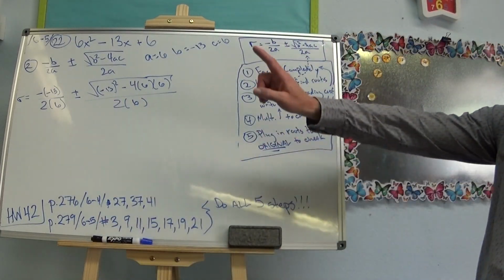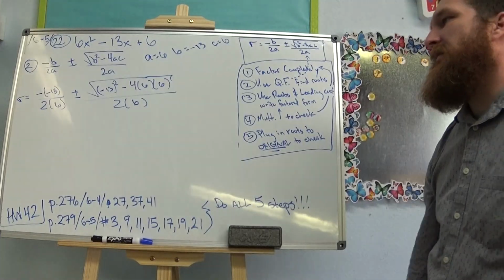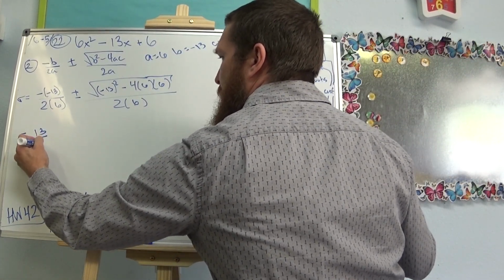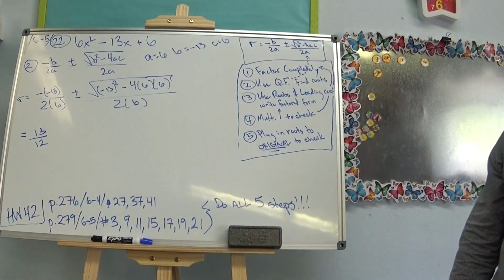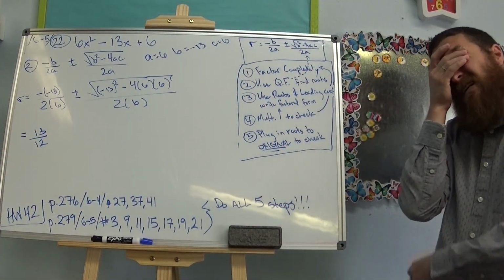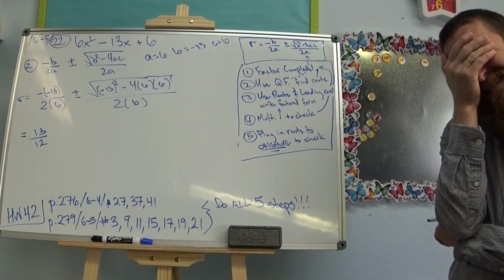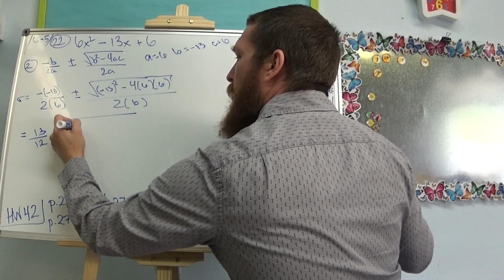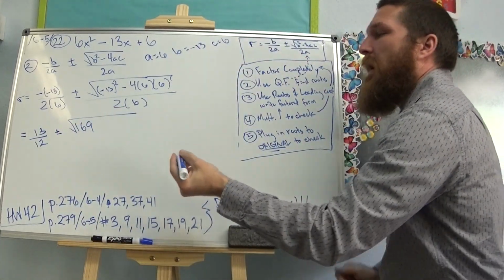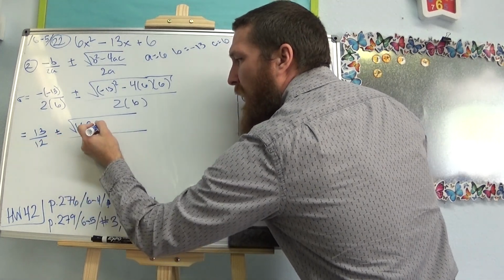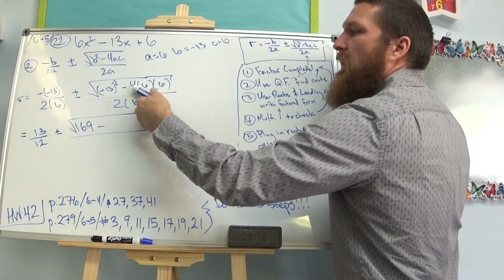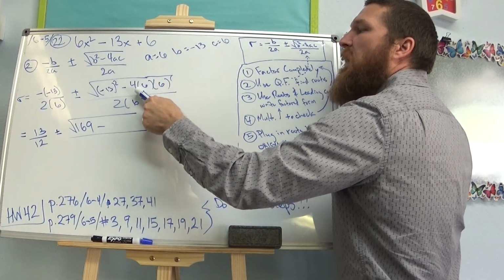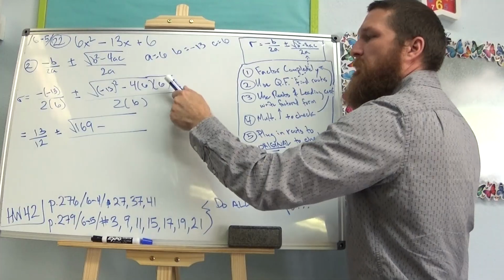Over here in negative, negative, that's nice. That works out to positive 13 twelfths, because 2 times 6 is 12. Now let's take a look at, okay, so 13 squared should be 169. Good. Now, I'm going to just, without thinking, write a minus, and now I'm going to look up here and say, is that the right sign? Yes, because we have positive 4 times positive 6 times positive 6.